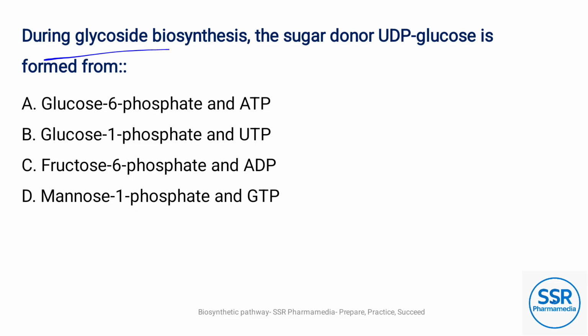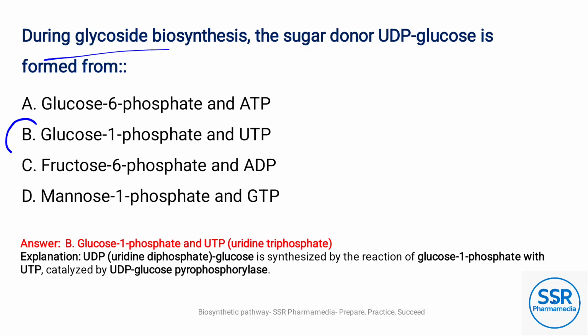During glycoside biosynthesis, the sugar donor uridine diphosphate glucose is formed from? The answer is option B, glucose 1-phosphate and uridine triphosphate. It is synthesized by the reaction of glucose 1-phosphate with uridine triphosphate, catalyzed by UDP-glucose pyrophosphorylase enzyme.